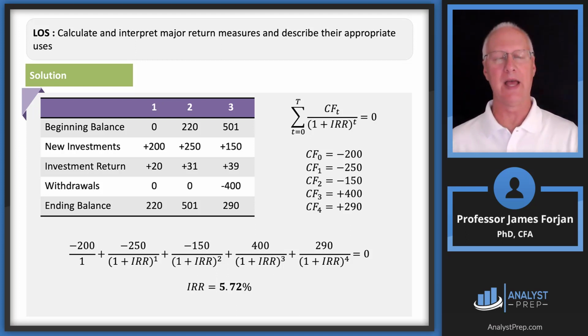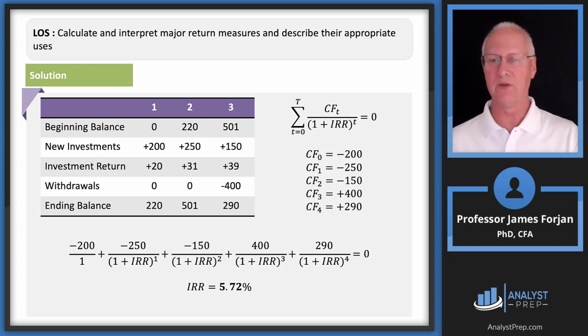And so you add the 470 plus the 31, you get 501. Add 150 to that, multiply that by 6% in that third year, so there's the 39. Once again, I think we just ignore some of the pennies in there. Then we take out 400, but we still have 290 in there.